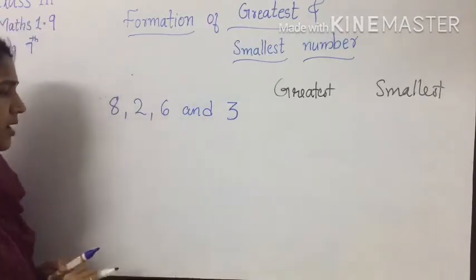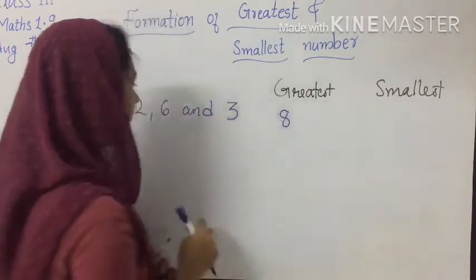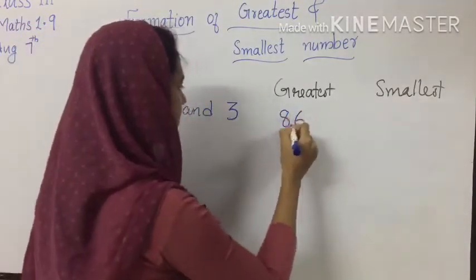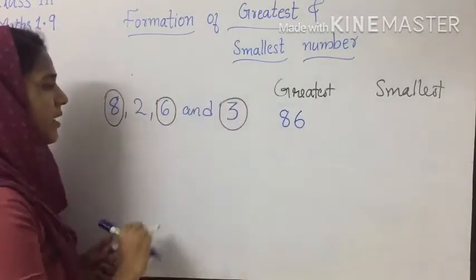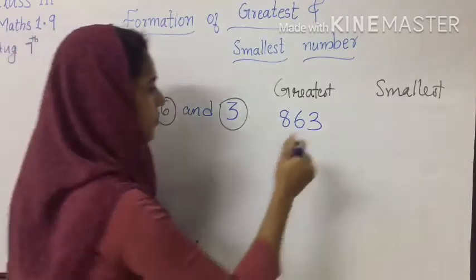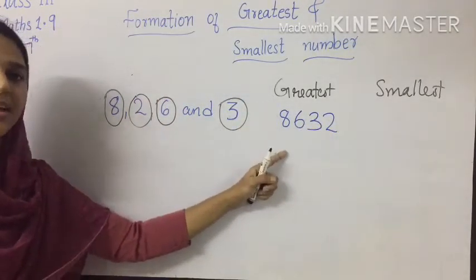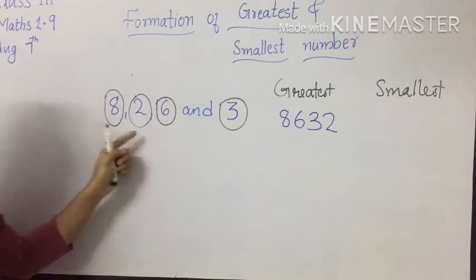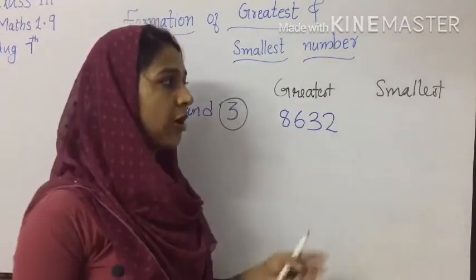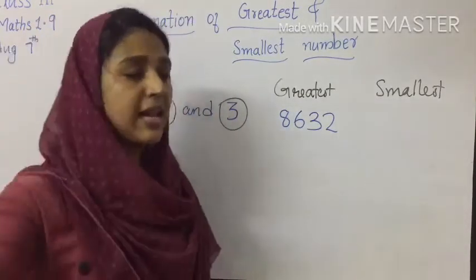It is 8. So 8. Next greatest, it is 6. And next 3. And the last is 2. So the greatest 4-digit number that we can form from these digits is 8632.